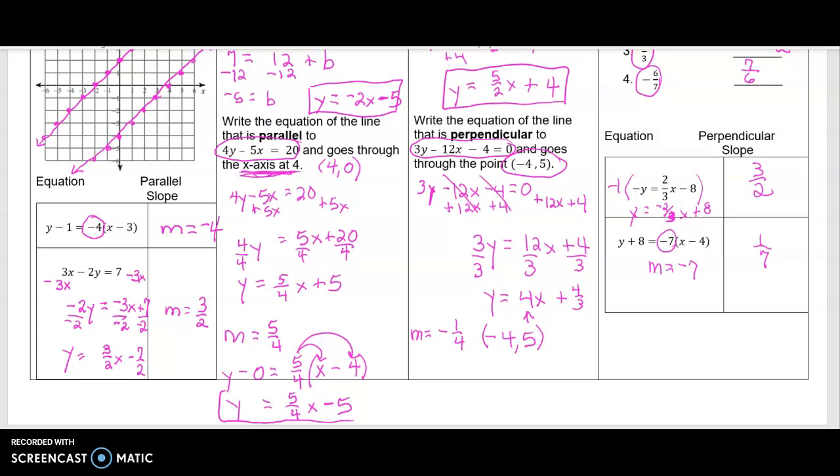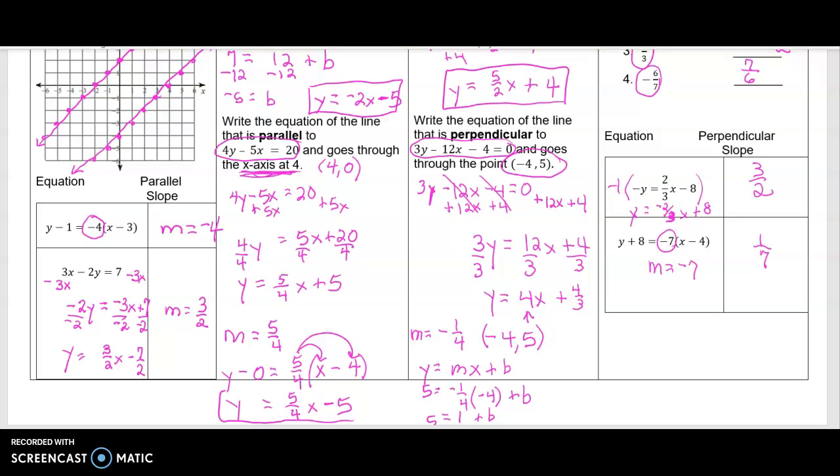Let's just use y equals mx plus b this time. So y, which is 5, equals the slope, which is negative 1/4, times x, which is negative 4, plus b. So we get 5 equals negative 1/4 times negative 4, which is a positive 1, plus b.